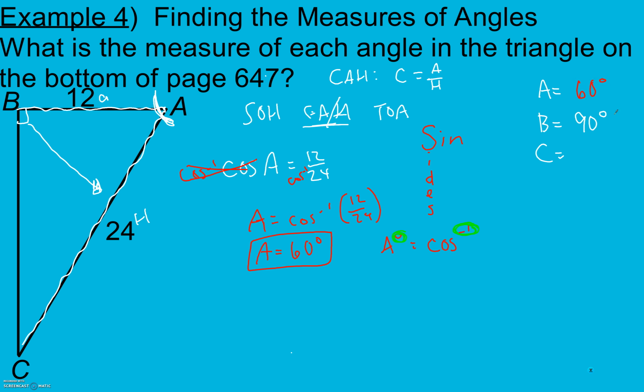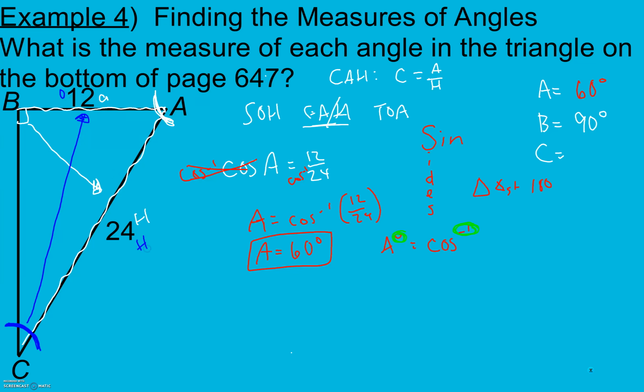And there's a couple different ways we can find angle C. We can use the fact that triangle angles add up to 180 degrees, and we can subtract from 180 to get to 30. Or I can do the same process again, and that's what I'm going to do just to practice here. So if I pick angle C first of all, I have to figure out my 12 and my 24 based off C. So for C, my 12 is opposite.